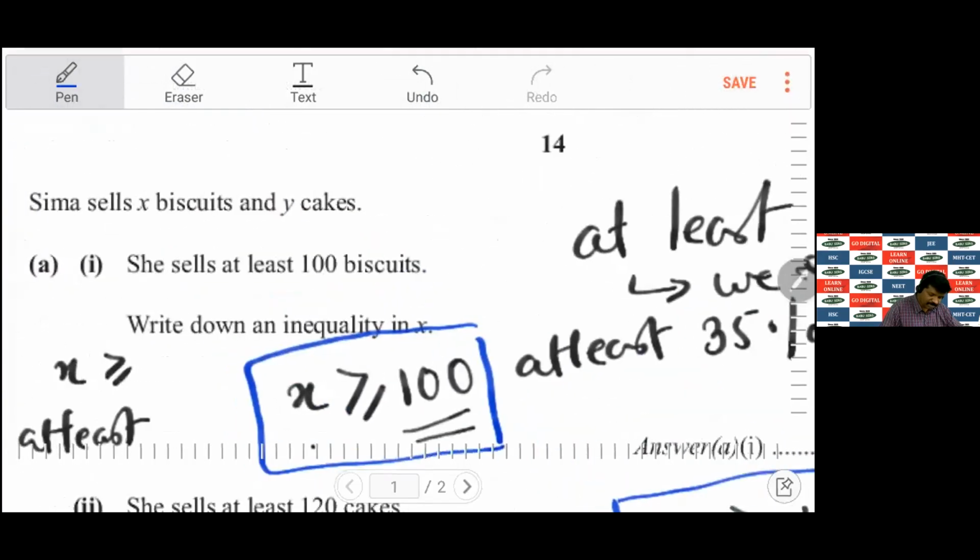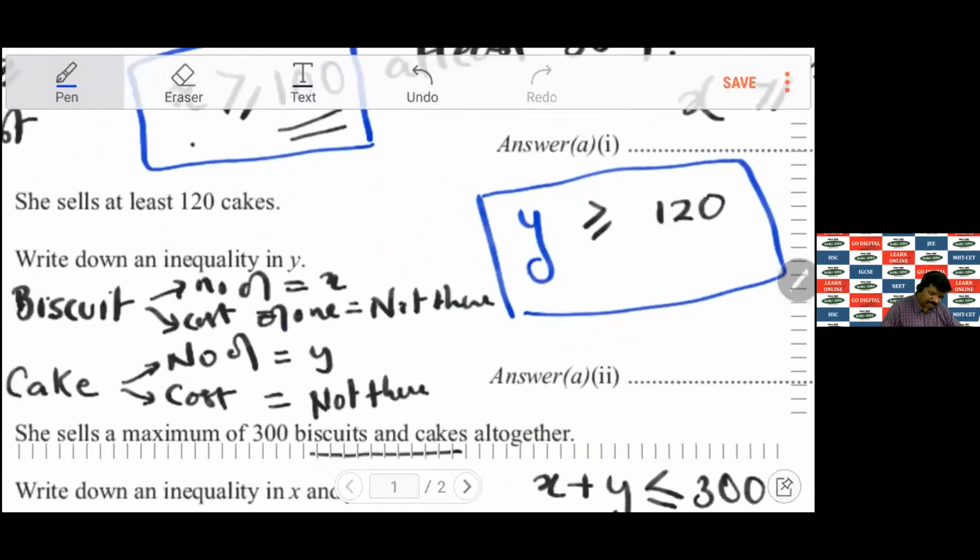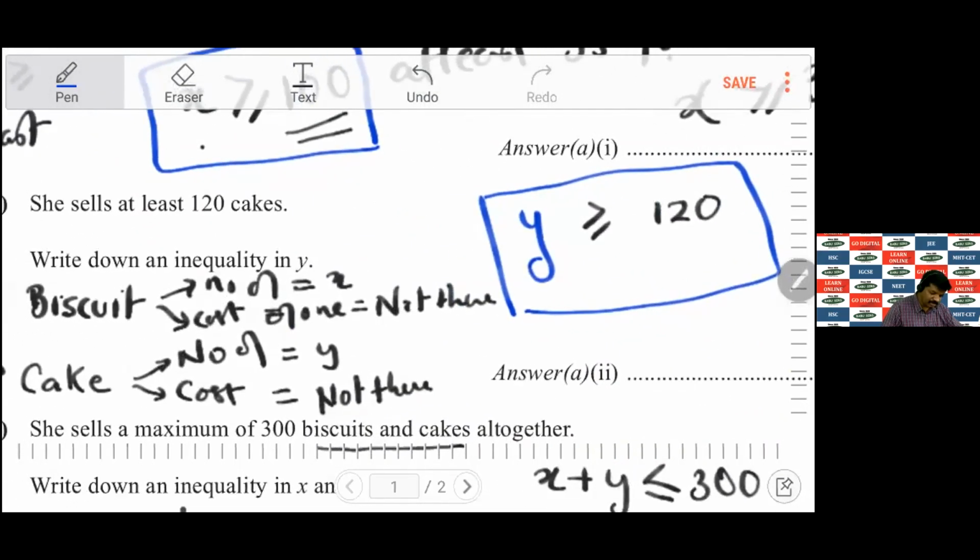X means biscuits, Y means cakes. Biscuits are at least 100, so X is greater or equal to 100. Cakes are at least 120, so Y is greater or equal to 120.